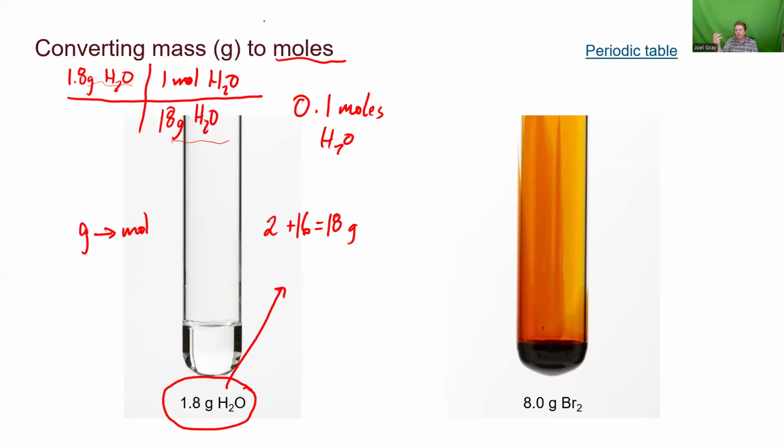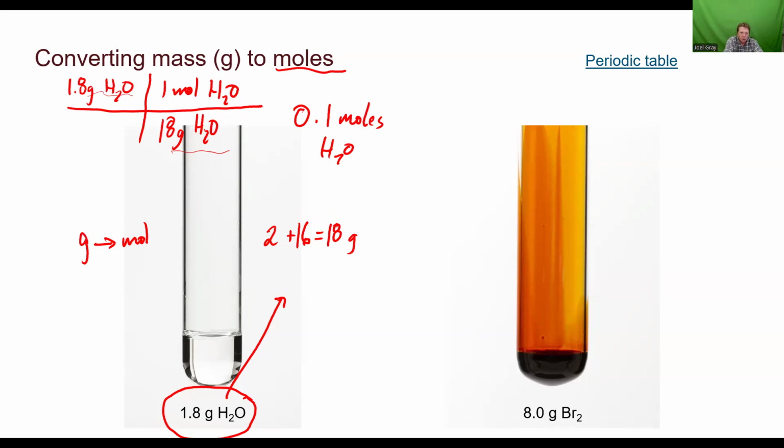So if you have 1.8 grams of H2O, that's 0.1 moles of H2O. Now, 8 grams of Br2. Well, when you are trying to figure out how many moles of this there are, you have to compare that to the periodic table. I'm going to save you watching me toggle back and forth. On ptable.com, bromine has a mass.